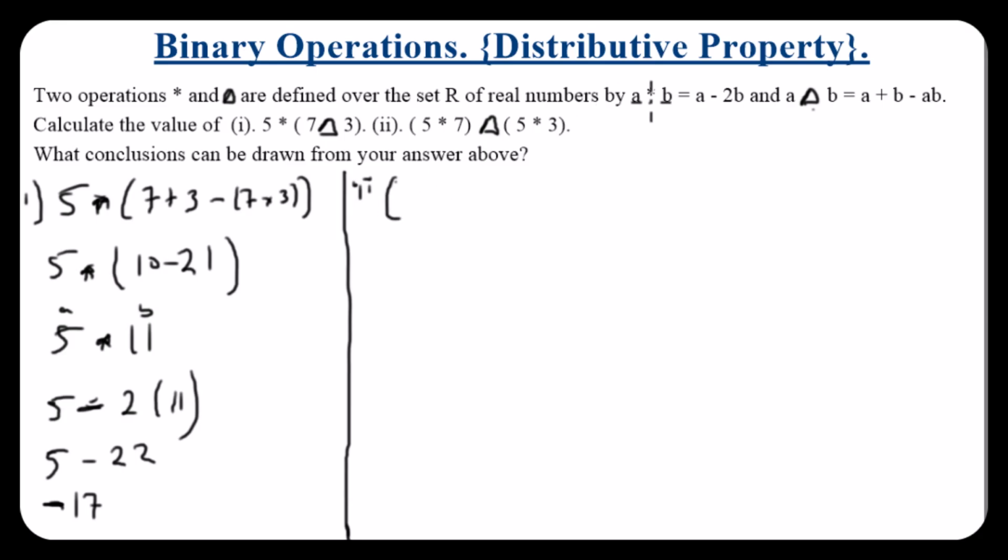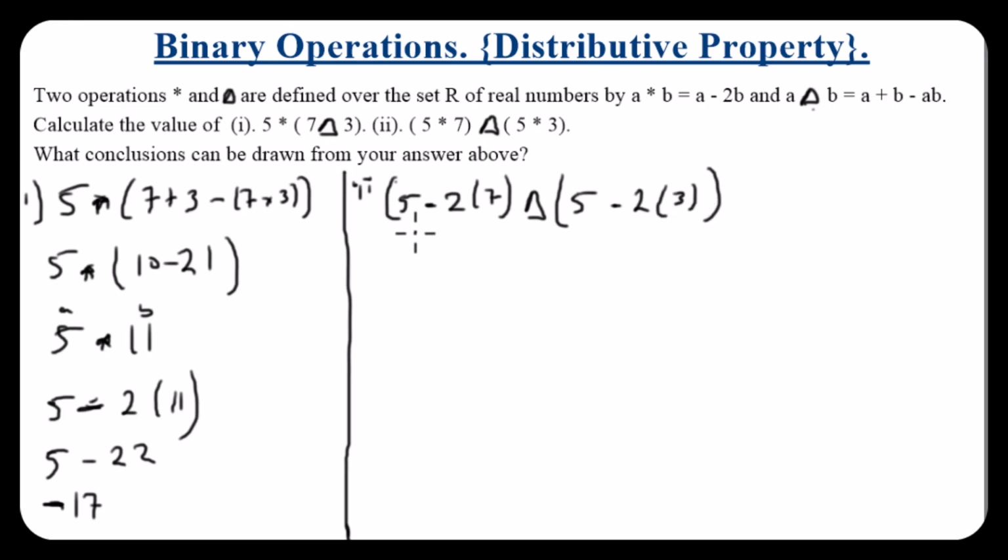So 5 star 7, anywhere we see star, this is the operation that is defined for it. My A here is 5, my B here is 7. So I write 5 minus 2 in the bracket of 7. Do my delta again, 5 minus 2 in the bracket of 3.